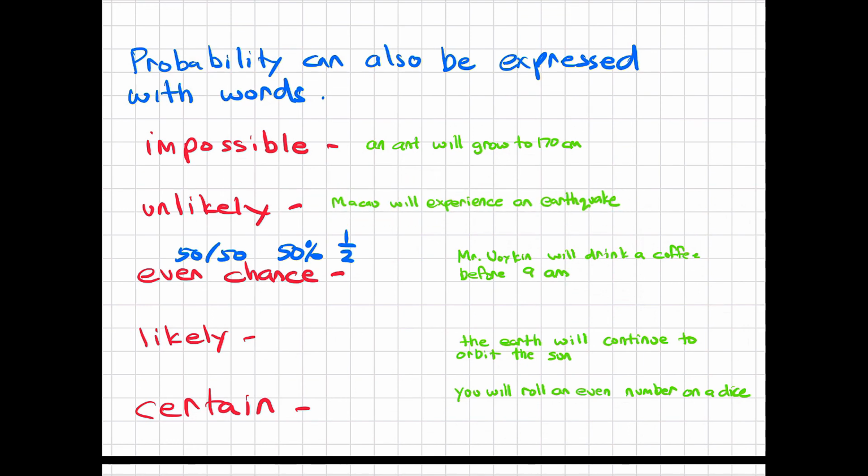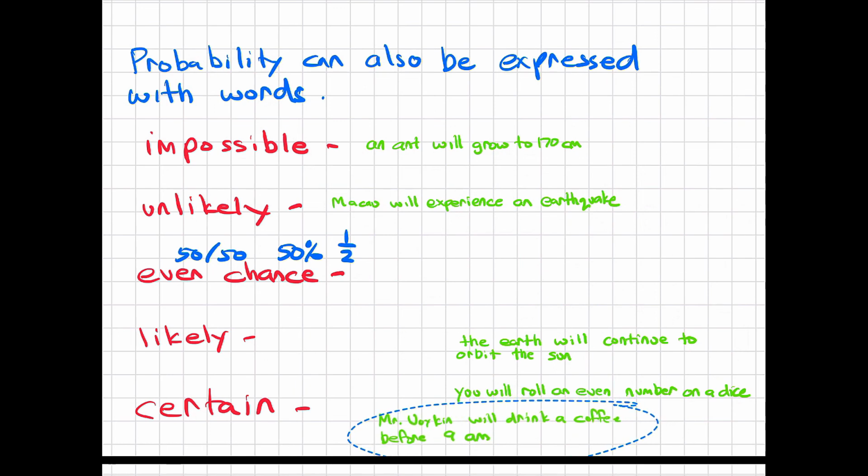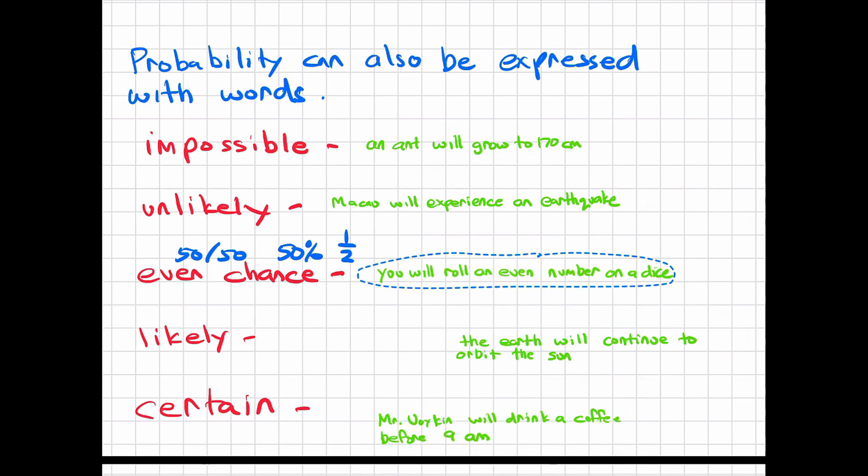Now, what about a 50-50 chance? That's what we talked about right at the beginning, which is that I can roll an even number on a die. It should be a die, not a dice. And what is likely to happen? We've got 2 choices left: Mr. Voikin will drink a coffee before 9 a.m., and the Earth will continue to orbit the sun.